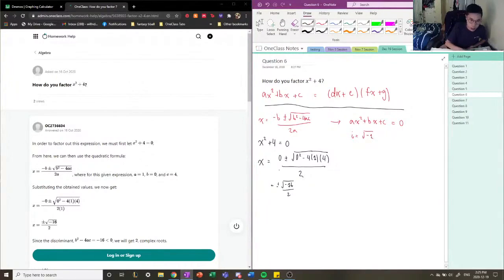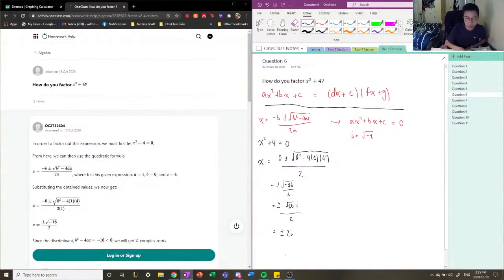So we can write the root of negative 16 as the root of 16 times the root of negative 1, and we know that i is the root of negative 1. The square root of 16 is a perfect square, so now we have the answer.